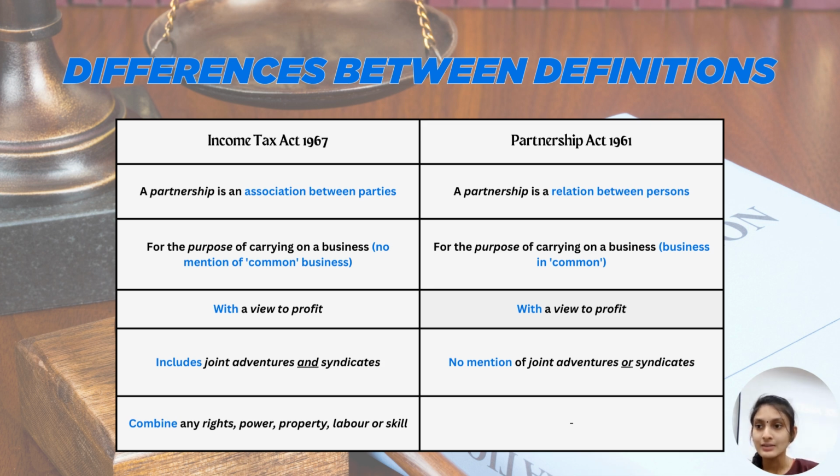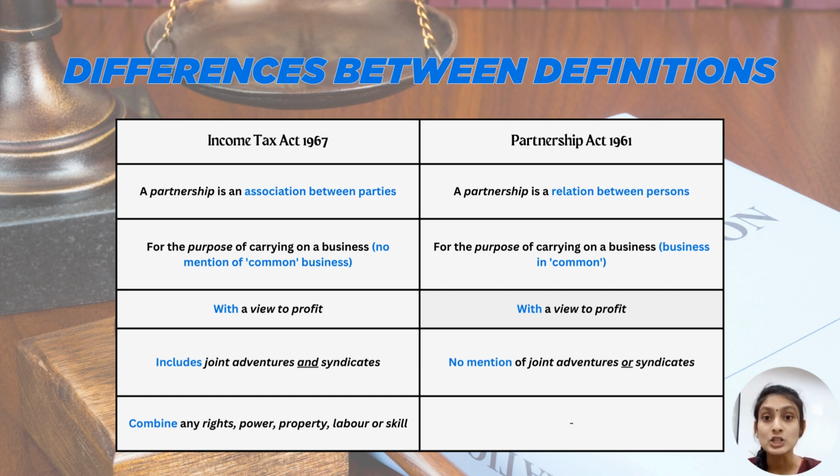Alright, and then the next point is that under the Income Tax Act 1967, partnership includes joint ventures and syndicates. Remember that any kind of association, in the bracket it mentions syndicate, joint venture, everything. So this is what it refers to.